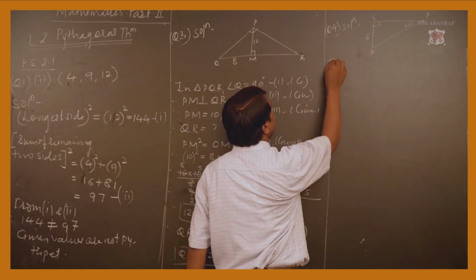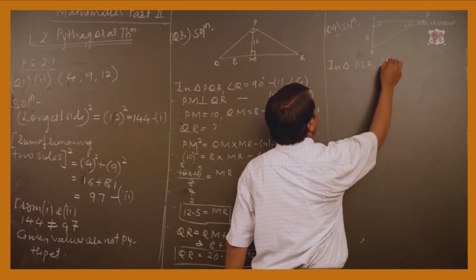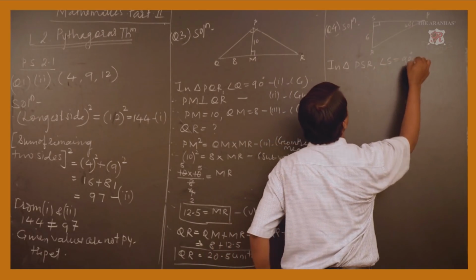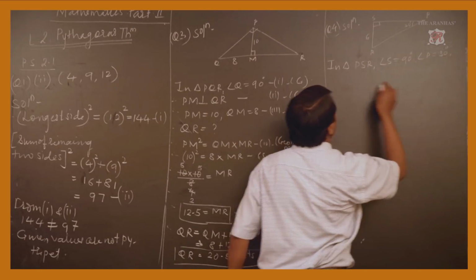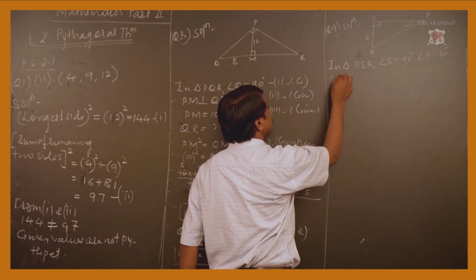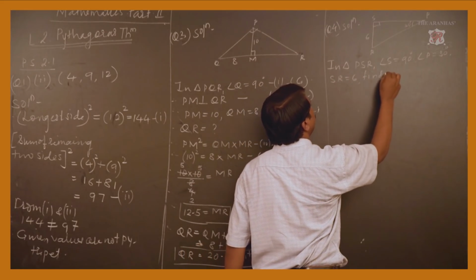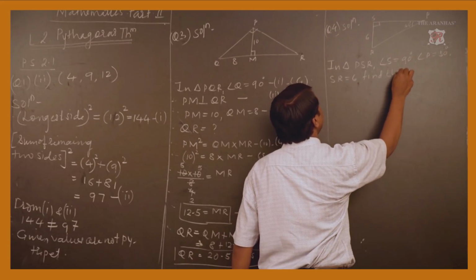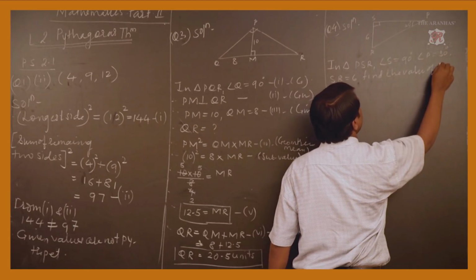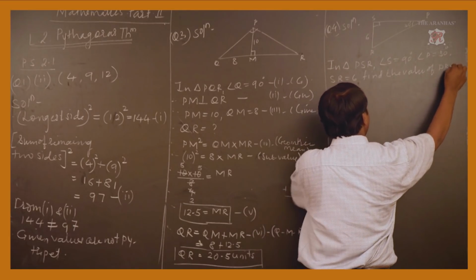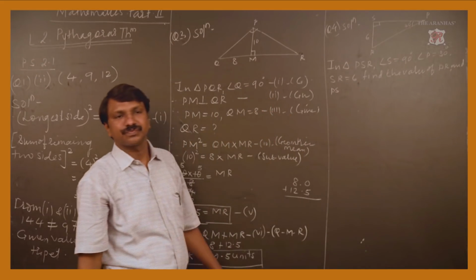Let us see what things are there. In triangle PSR, angle S is equal to 90 degrees, angle P is equal to 30 degrees, and segment SR is given as 6 units. The question is to find the value of PR first and next PS.